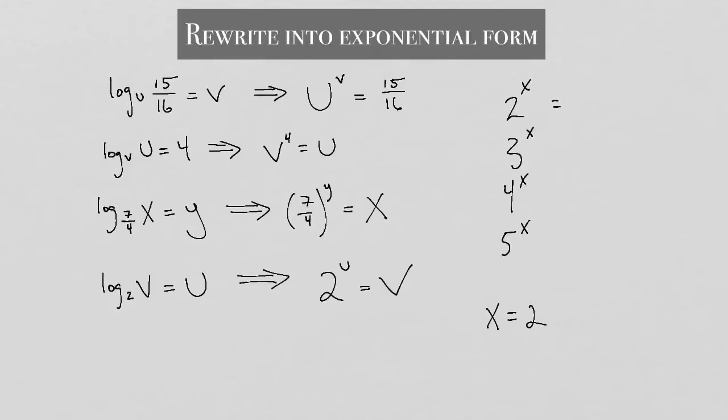Then you have 2 squared, that's 4, 3 squared is 9, 4 squared is 16, 5 squared is 25. So instead of having x squared, now we have some number, it doesn't matter, it could be anything, 15 raised to the xth power. Instead of having x as the base, we're now having it as an exponent.